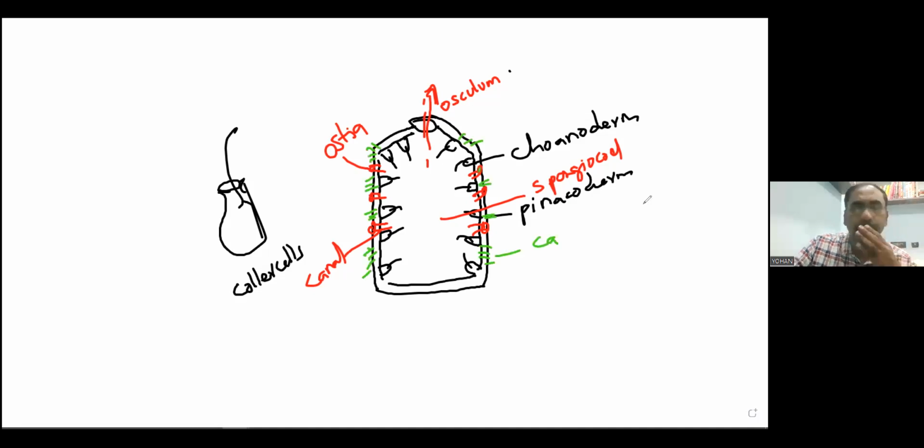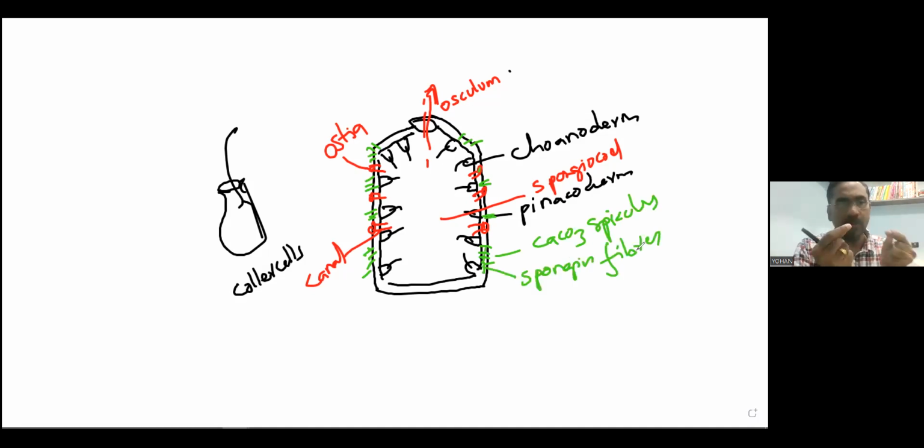Small spines. Or spongin fibers. So the skeleton may consist of spicules, small spines made up of calcium carbonate, or in some it is made up of fibers made up of a material called spongin.